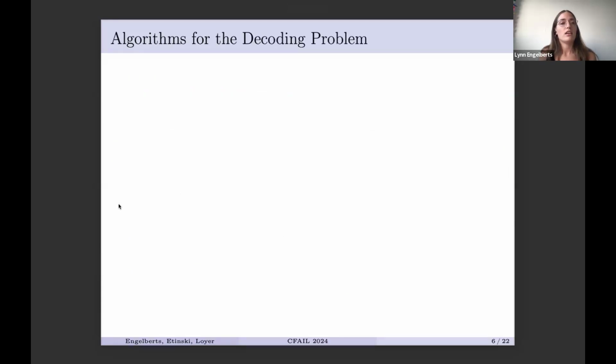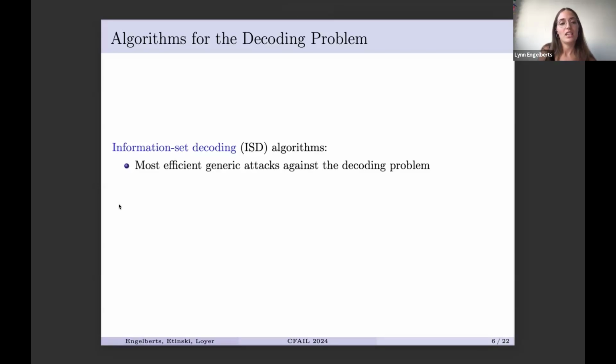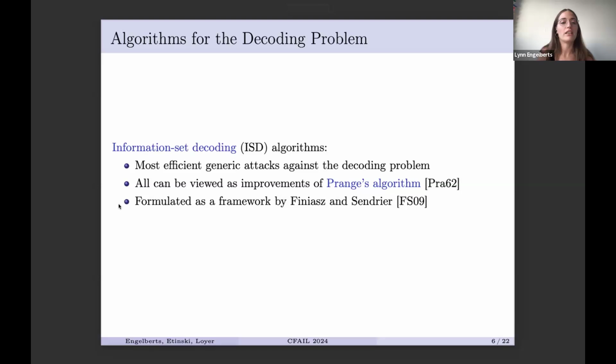As I said, the most efficient generic attacks for the decoding problem are known as information set decoding algorithms. These can all be viewed as improvements of Prange's algorithm, which is more than 60 years old. More generally, any ISD algorithm can be formulated using the framework by Finiasz and Sendrier.